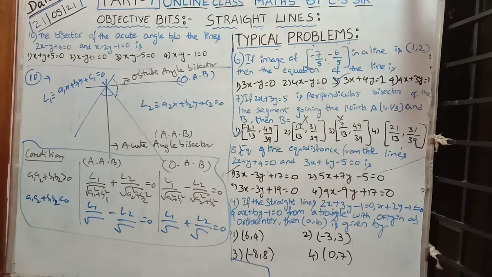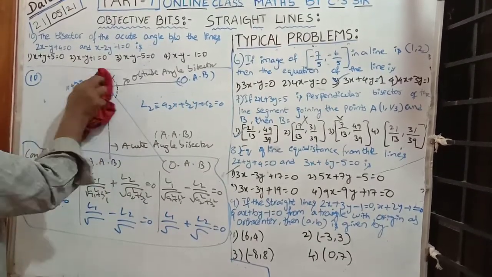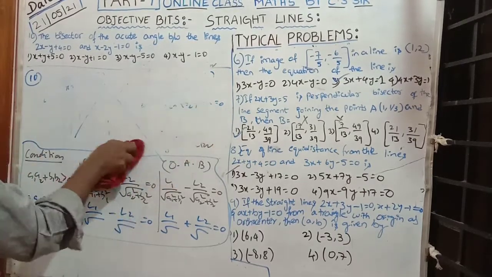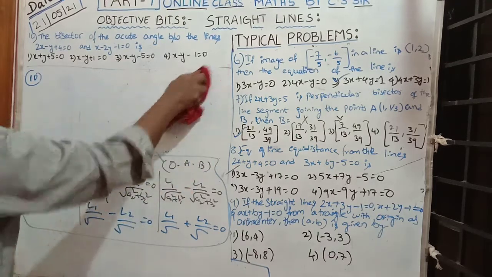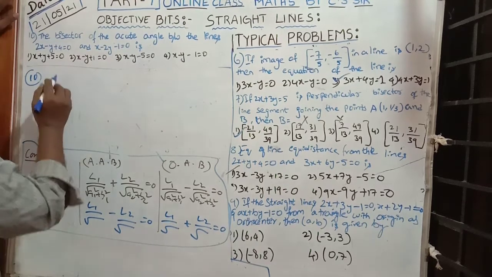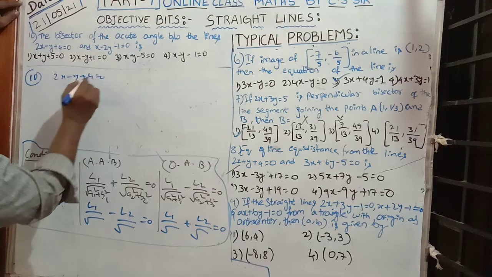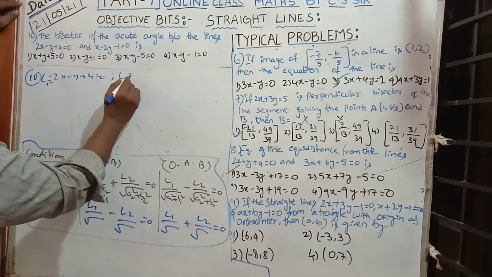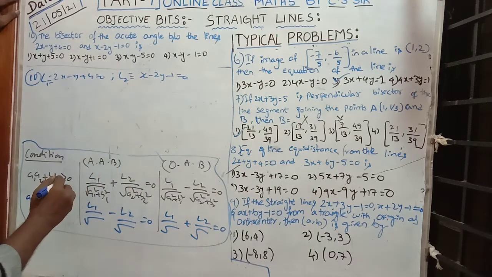Okay, now you see, the same condition I apply here to find the acute angle bisector. We are given two lines: 2x minus y plus 4 is equal to 0, this is L1, and L2 is x minus 2y minus 1 is equal to 0.